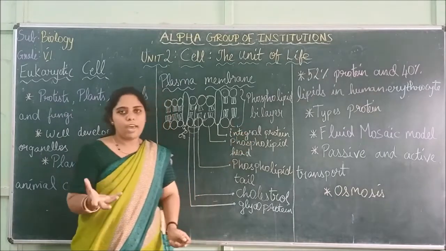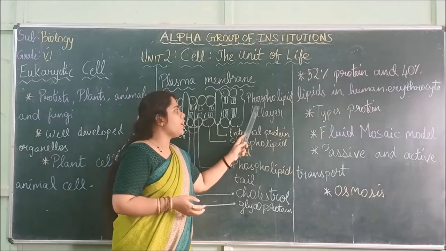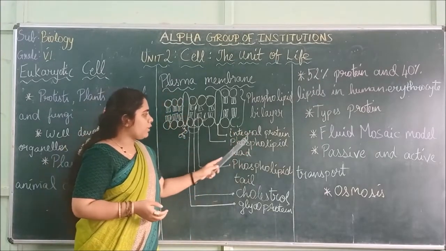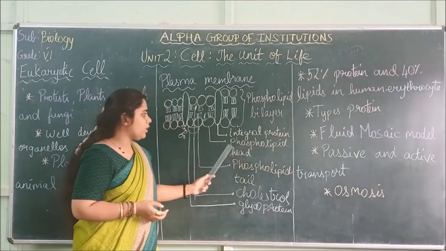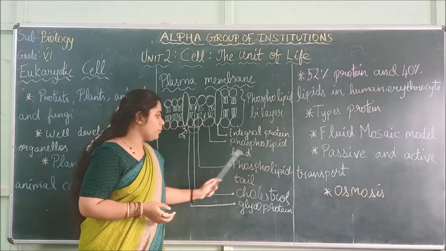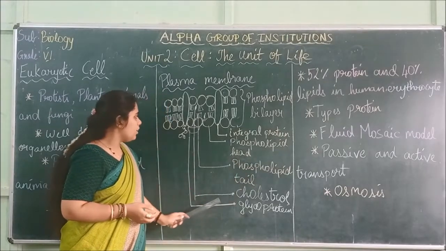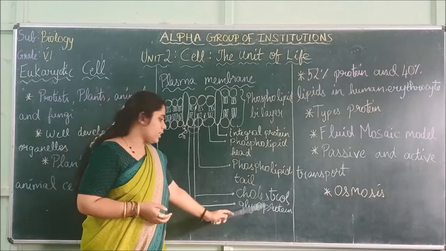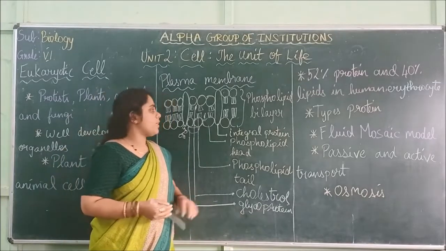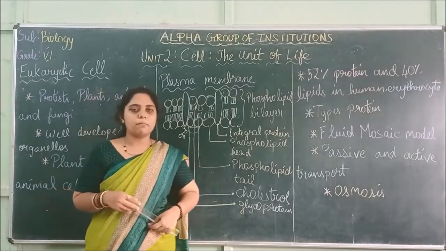Lipid means fats, so there are two layers of fats. Below you can find integral proteins, and these round structures are the phospholipid head, and this is the phospholipid tail. Cholesterol is present here and there, and finally glycoproteins are present. This is the chemical structure of the plasma membrane.